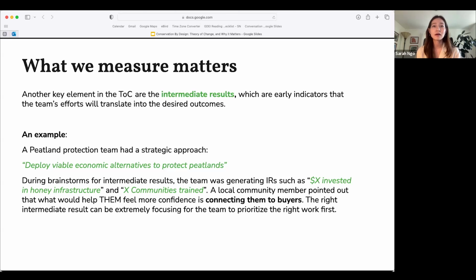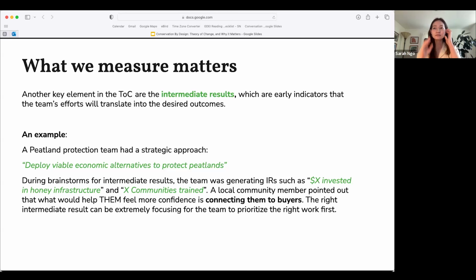And they were able to really adjust their intermediate result so that their focus was on identifying market and buyers early on in the process before doing things like building honey infrastructure or training community members.